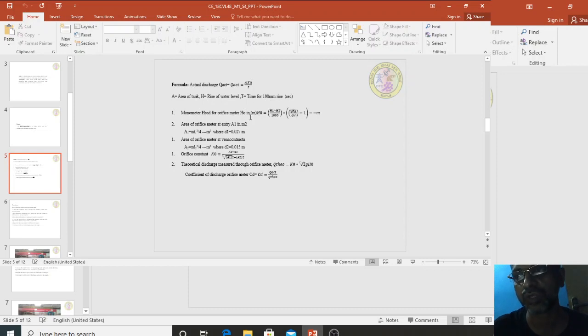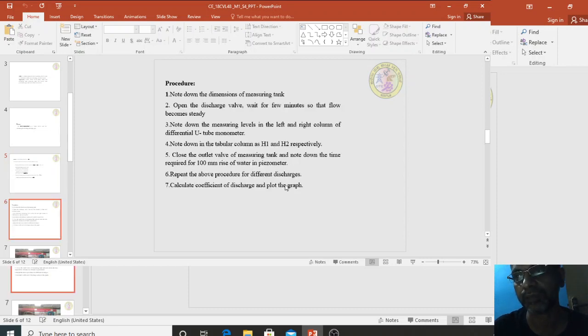If you substitute these values, you will get H0. Substituting H0 in root of 2 g H0, you will get Q theoretical for one trial. So the coefficient of discharge for the orifice meter, Q actual divided by Q theoretical, if you do it, you will get the coefficient of discharge through the orifice meter.